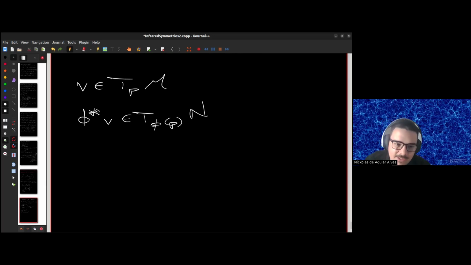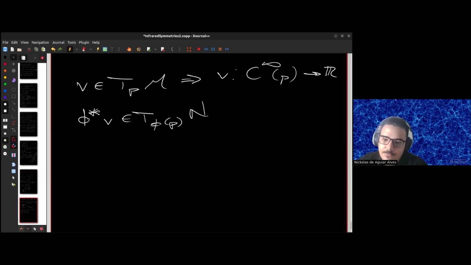And how do we define this? Well, we define it in the following way. Recall first that a vector in T_P M means that V is a map from the smooth functions at P. This means any function that is smooth at the point P, and it maps to a real number.